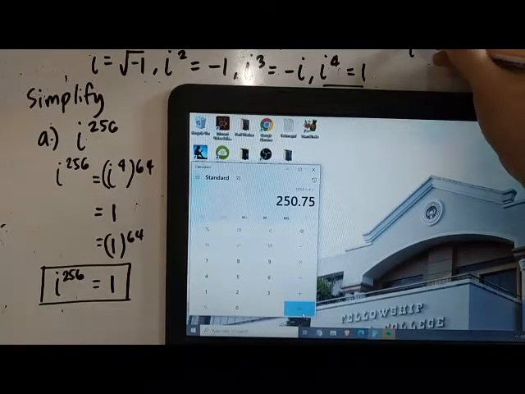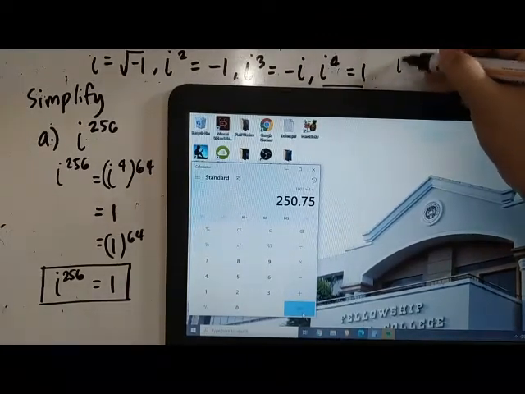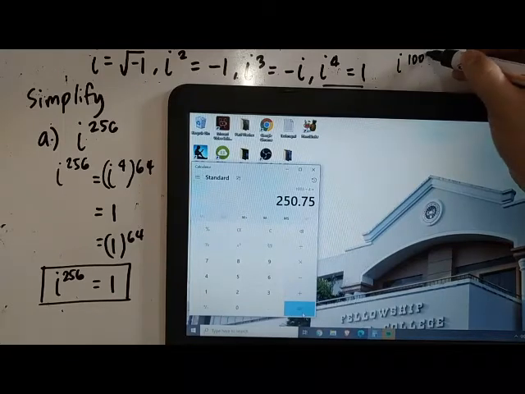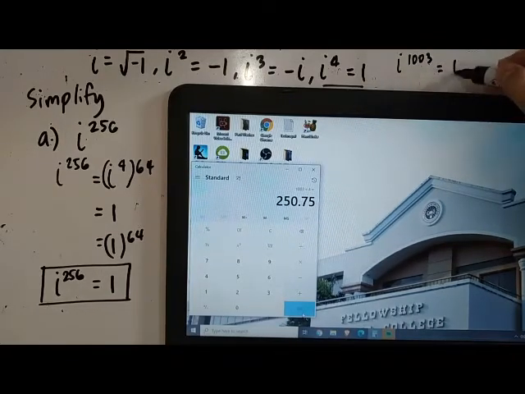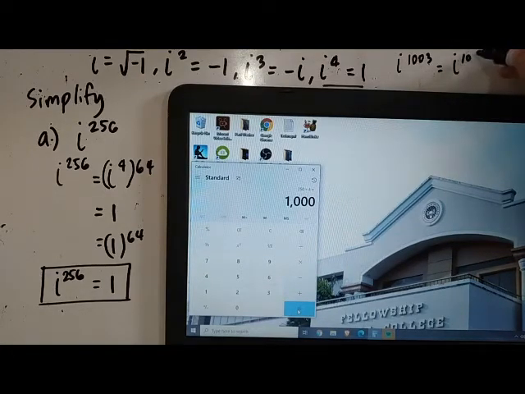So I to the power of 1003 is equal to I, and 1003 is 250.75 times 4. So, kuhaon ta ni ang decimal, kadtulan ta sa 250, gamiton ta 250 times 4, which is 1,000. Okay. So, guaya is 1,000, okay, plus 3, di ba?